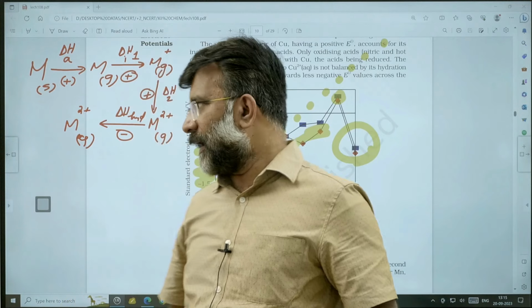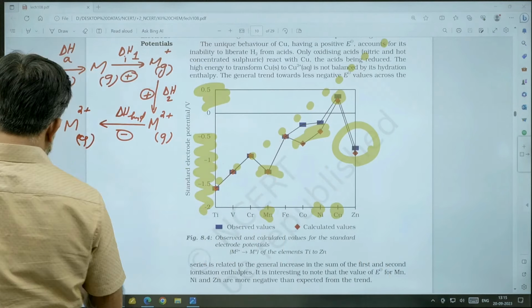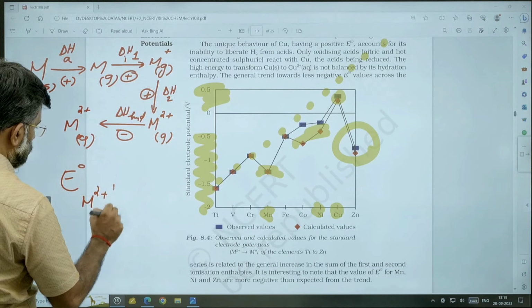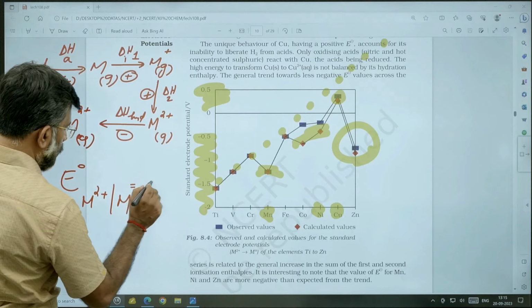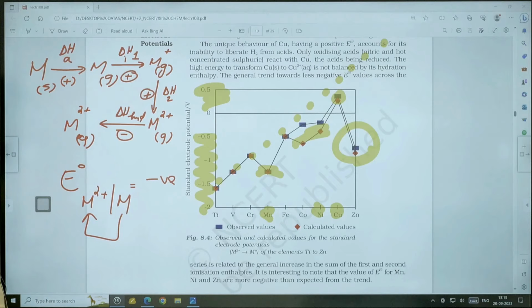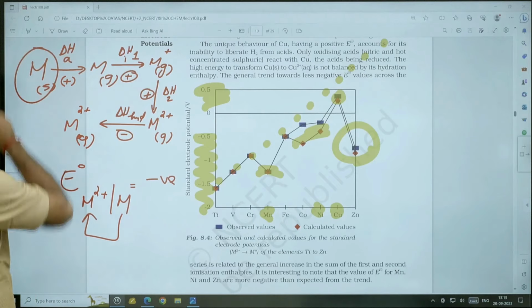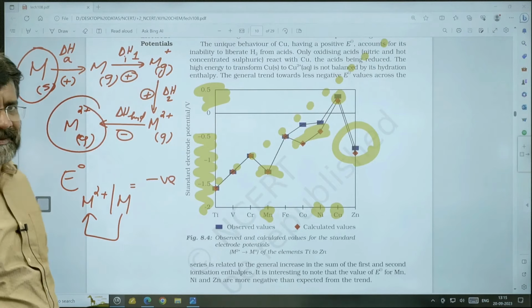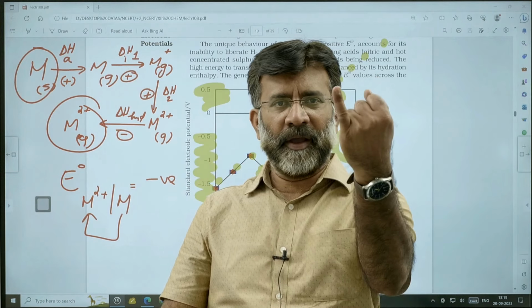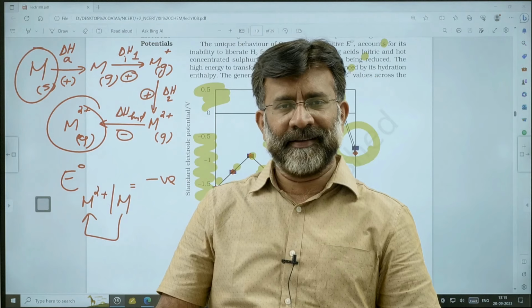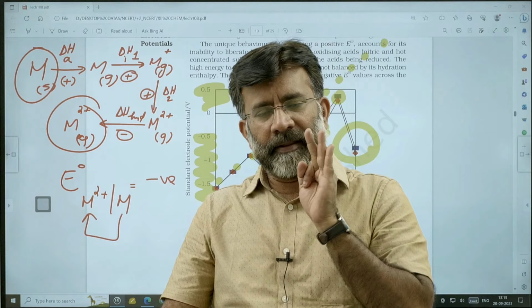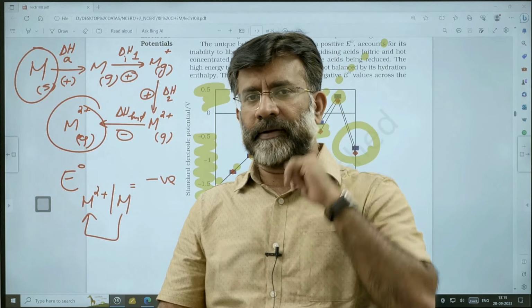Right? And the overall reaction, you see, the E naught value for M2 plus to M is highly negative. That means this is easily converted to this. How is it decided? It is decided by a low enthalpy of atomization, a low first ionization enthalpy, a low second ionization enthalpy, and a relatively high hydration enthalpy.